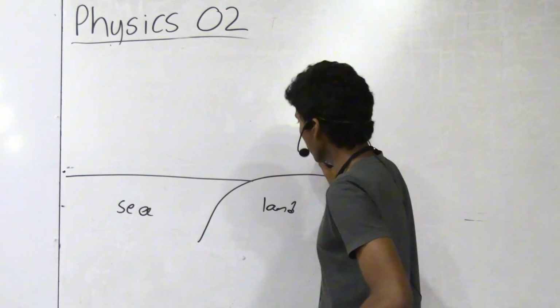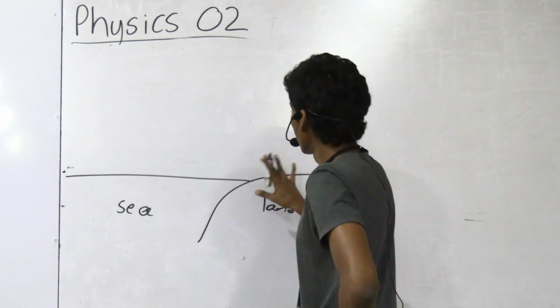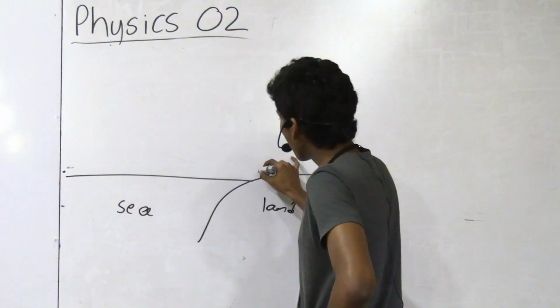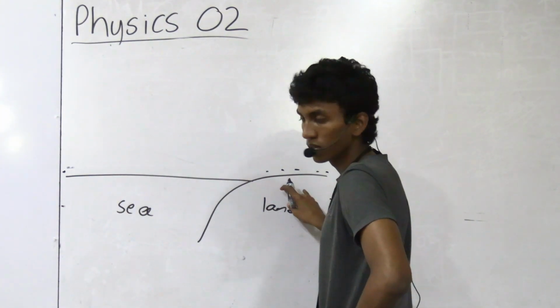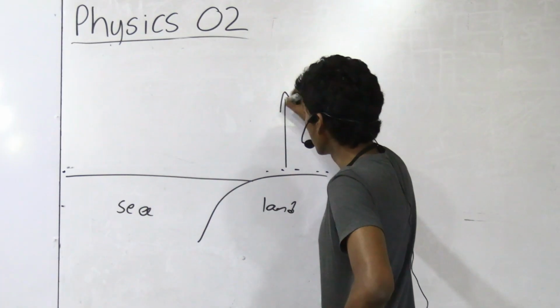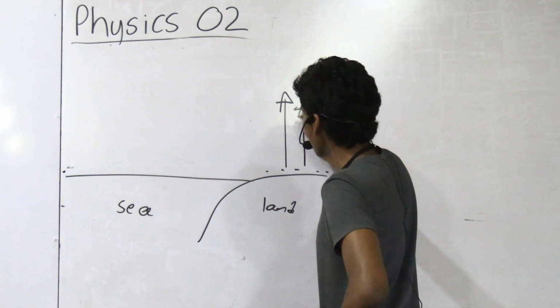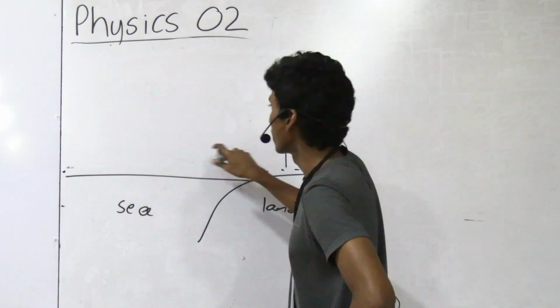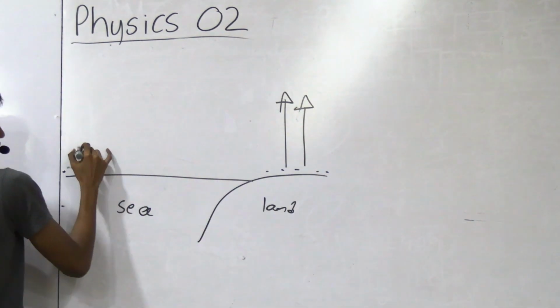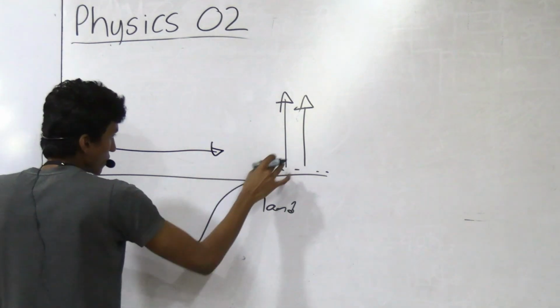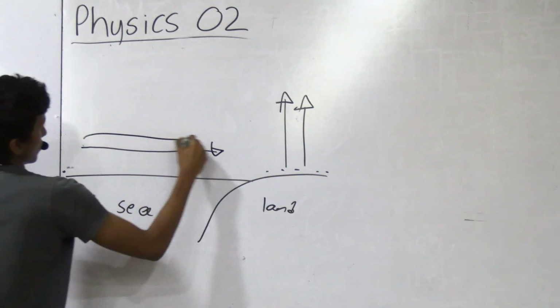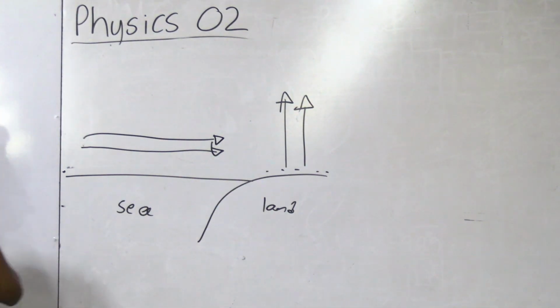So convection currents occur. Air particles near the surface of the land get heated up and they move upwards due to the lower density, and then colder air particles near the sea move in to replace those particles, and that's how sea breeze occurs.